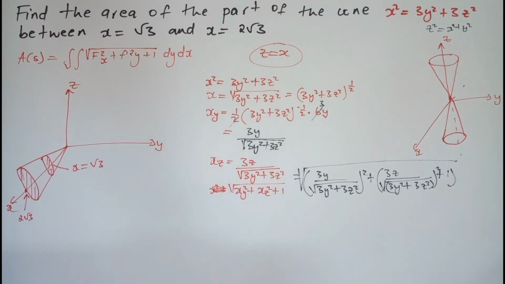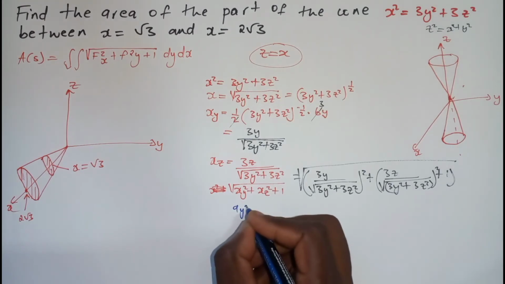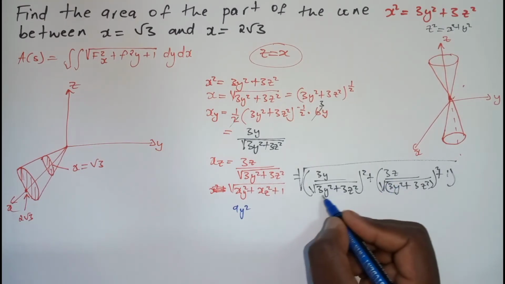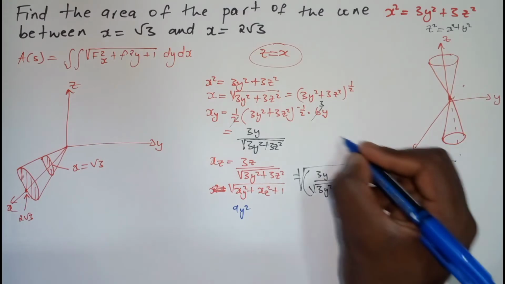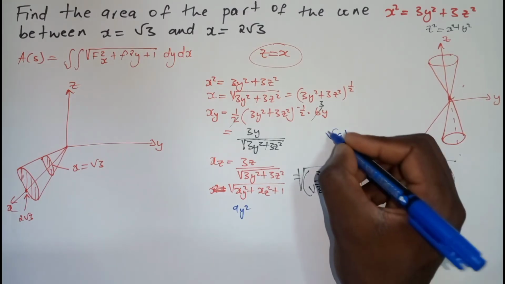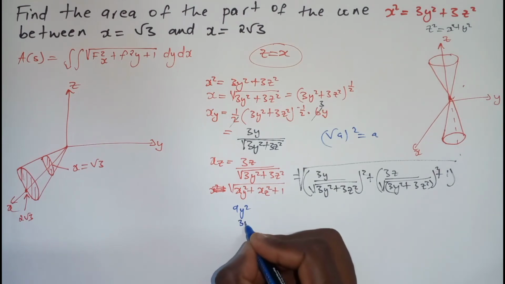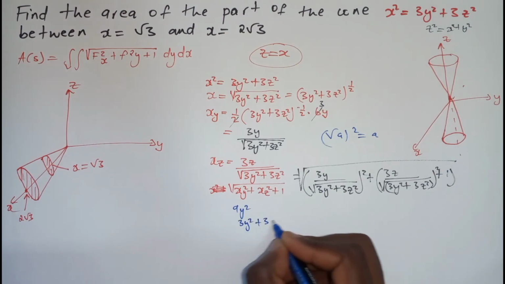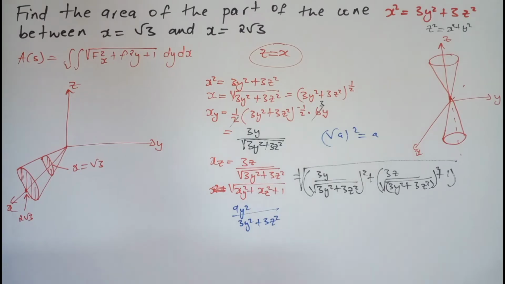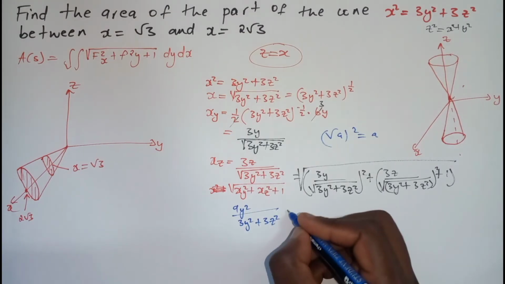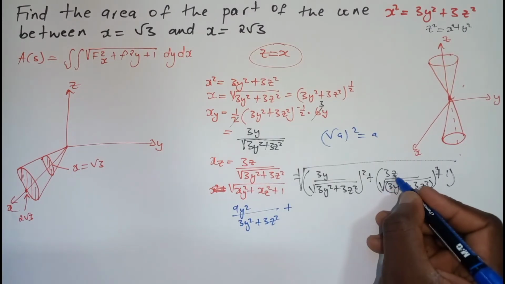Okay, so let's simplify. Simplifying the squared term gives us 9y squared, and this is a square root. Remember, if we say root of a squared, the answer will be a. So the answer here will be 3y squared plus 3z squared, and it's going to be the same here.